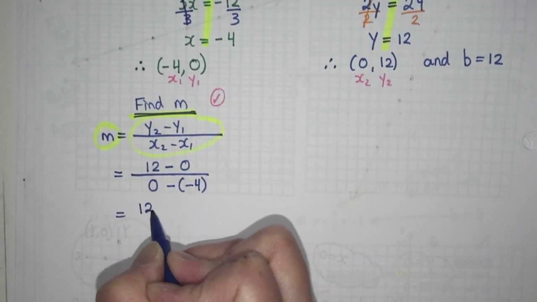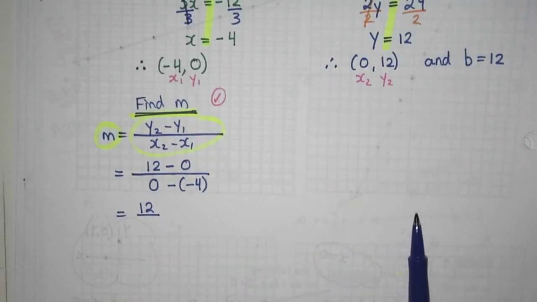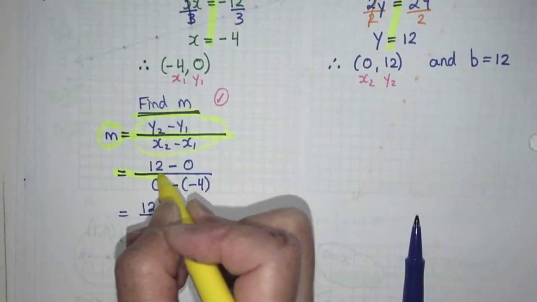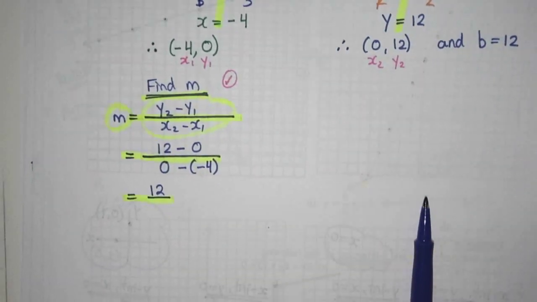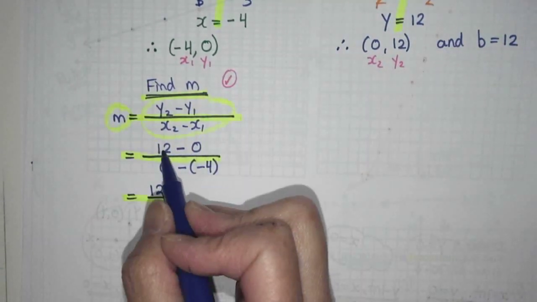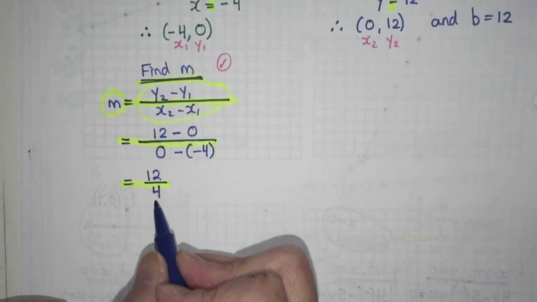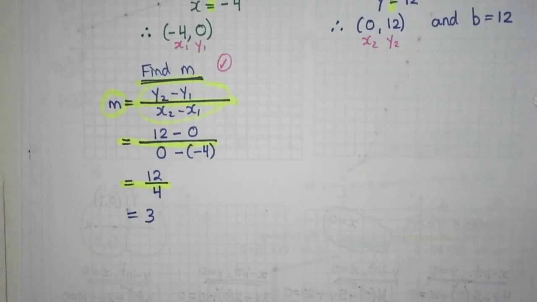That gets me 12 minus 0 is 12. Oh, and look, see how I lined up the equal sign? I'll just point this out again. I'm lining it up nice and neat in the middle. I write the equals right away. 12 minus 0, and 0 minus negative 4 is 4. 12 divided by 4 is exactly 3. That's my slope.